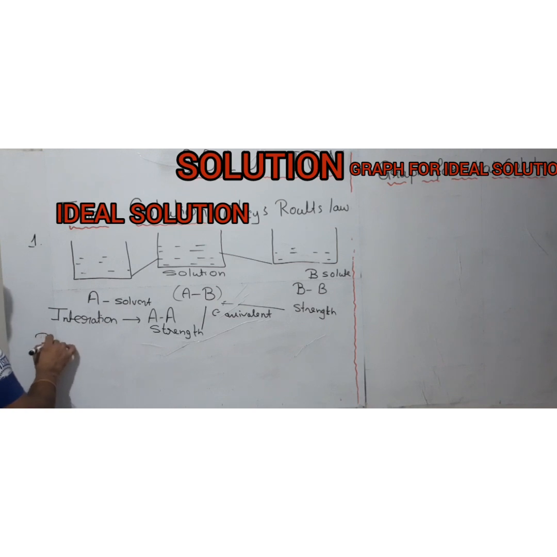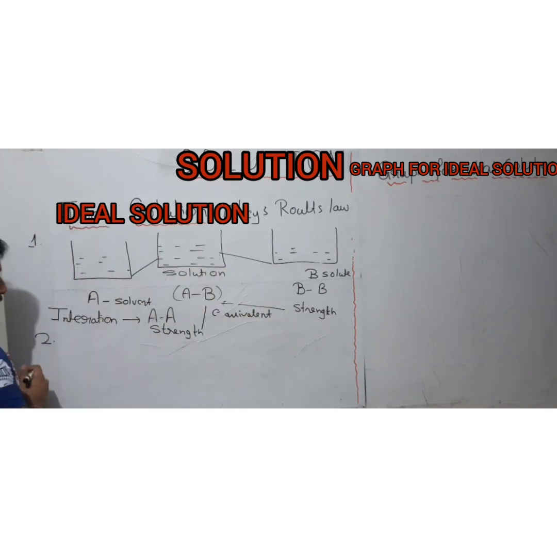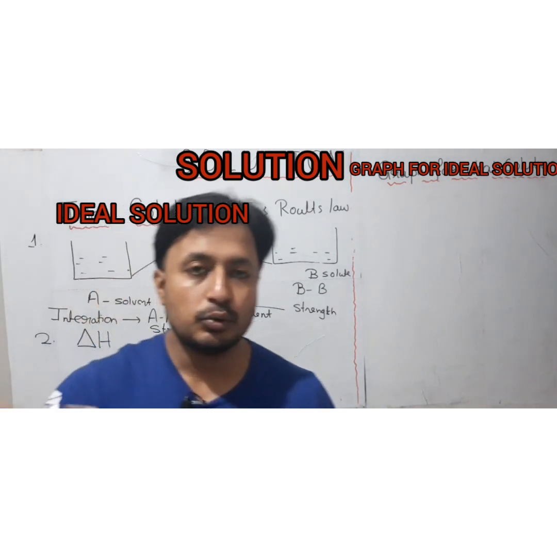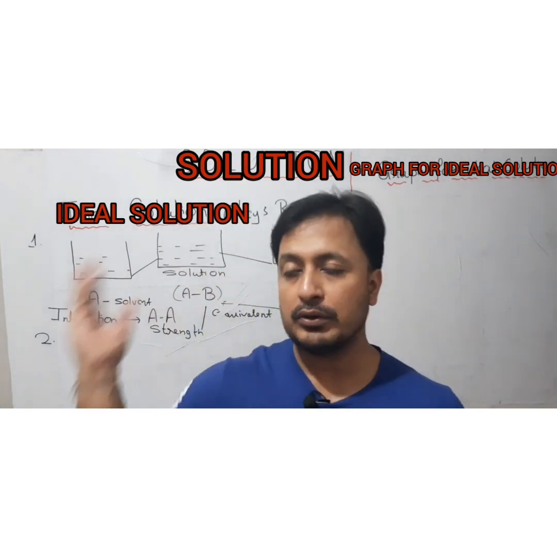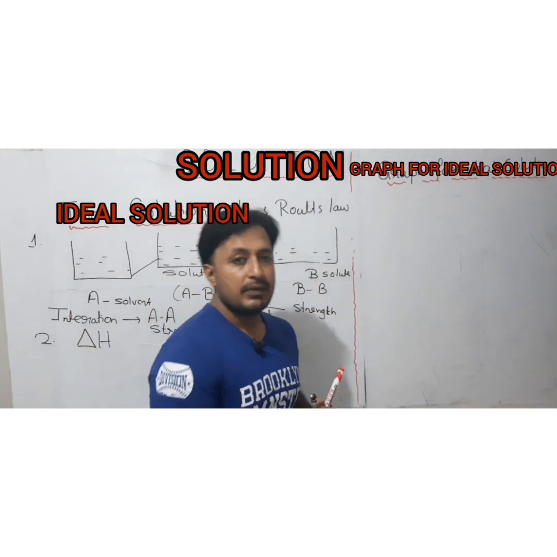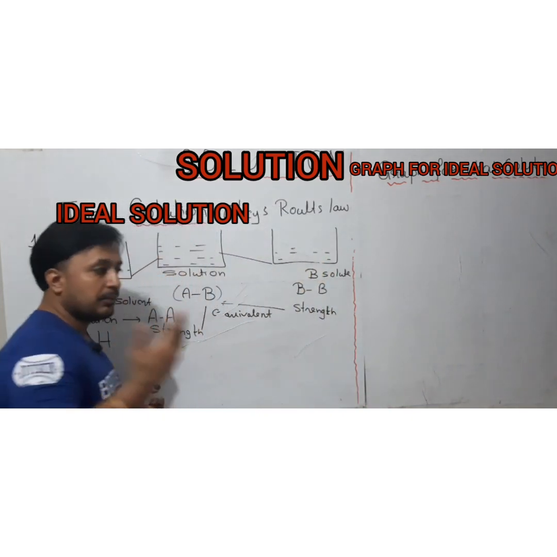Then a very important second point. If you prepare the solution, there must be an enthalpy change. You know that whenever we perform some reaction, usually some enthalpy change is there. Maybe heat is evolved during the process or heat is absorbed.